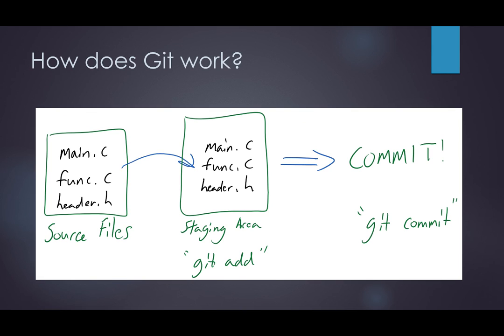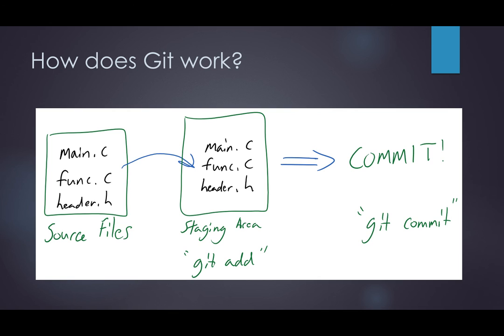So basically, when you're working on a project, you'll have a bunch of source files. Here I just have some C files and header files. That doesn't really matter. Git treats all files the same. So when you're working with Git, the first thing that you do is, well, you make your source files, and then you add them to what's called the staging area.